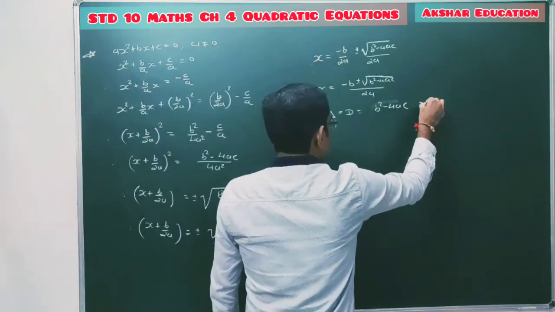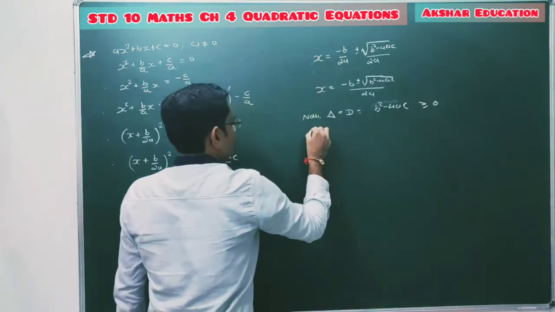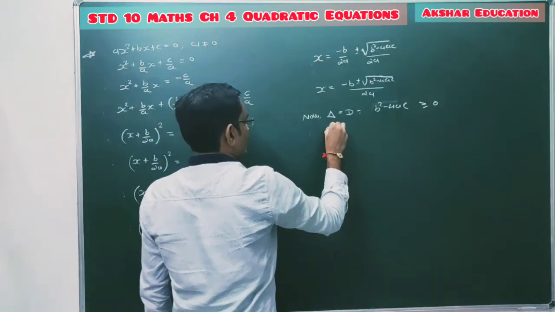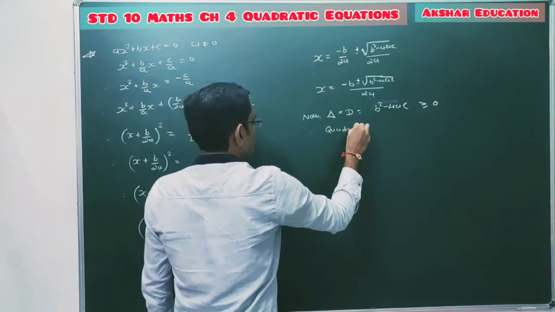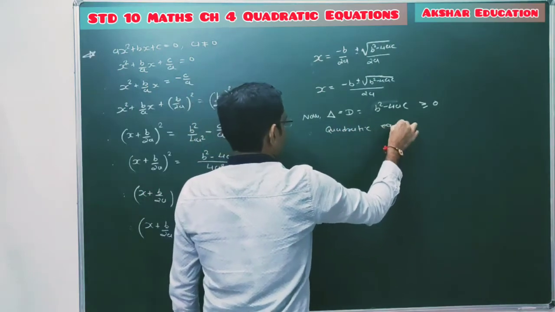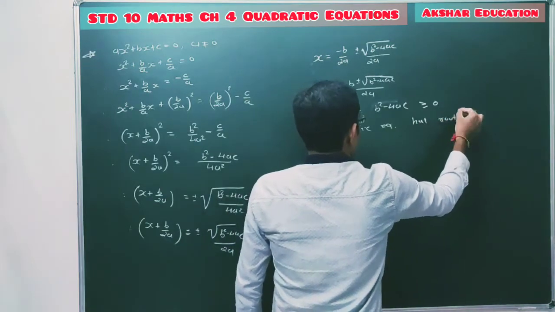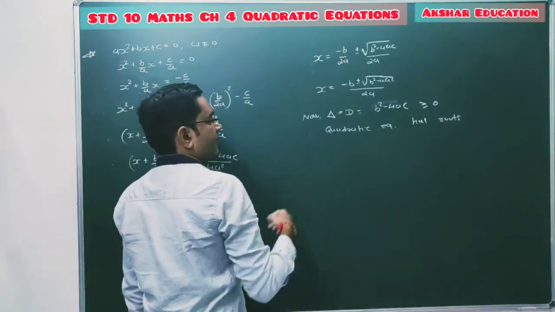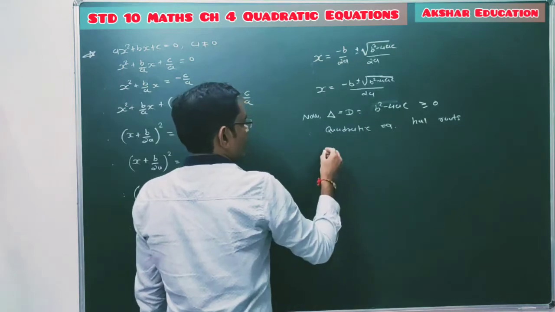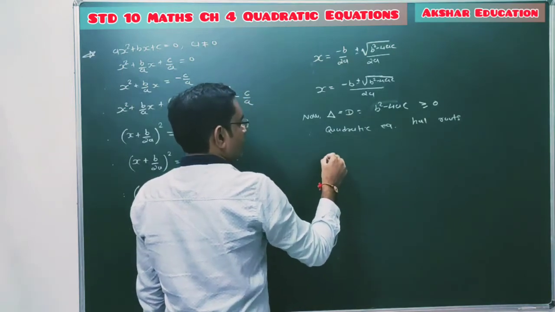So if it is greater than or equal to 0, then we can say that the quadratic equation has real roots. A quadratic equation has real roots if the discriminant delta is greater than or equal to 0, and those real roots are alpha and beta.